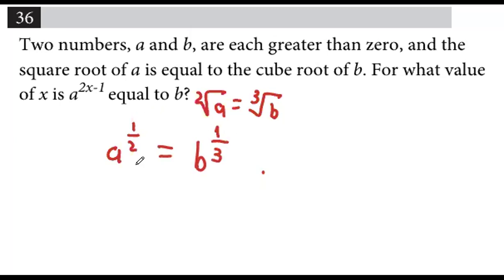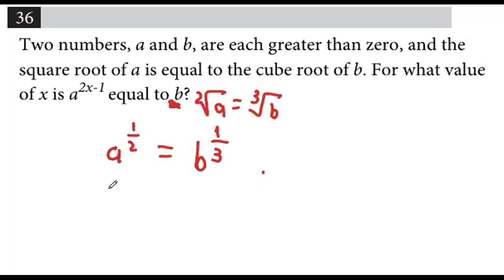This is identical to this equation here. And then after that, we need to find for what value of x is a to the value of something equal to b. So we need to get b by itself. Instead of b to the 1/3, we just need b. So multiplying both sides by an exponent of 3 would give us that.